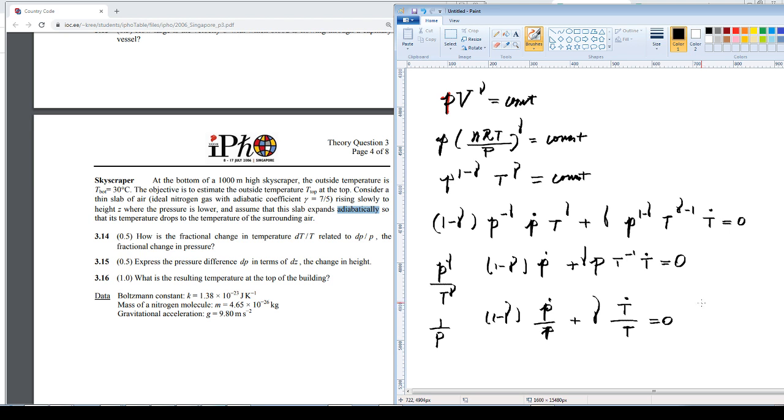And then express the pressure difference dP in terms of dz, the change in height.